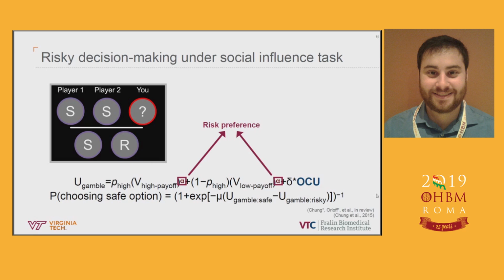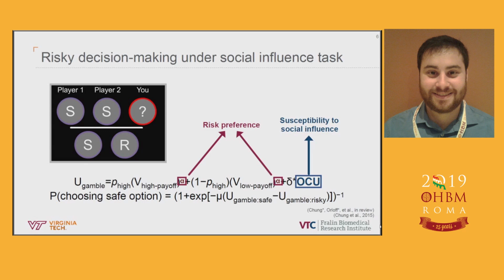The second parameter is what we call other conferred utility, or OCU. This represents an additional utility added to the gamble chosen by both other players. The larger an individual's OCU, the more they tend to choose the option that they see both other players choose. Thus, the larger OCU represents more susceptibility to social influence.